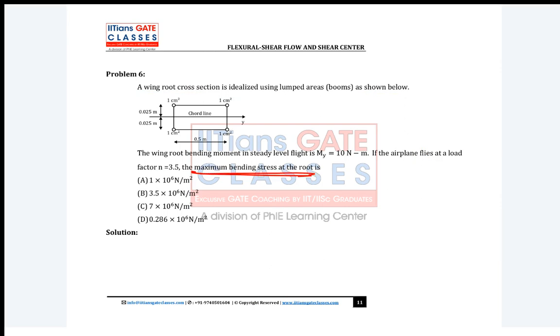So we know sigma will be My in maneuvering upon Iy, times the z distance.